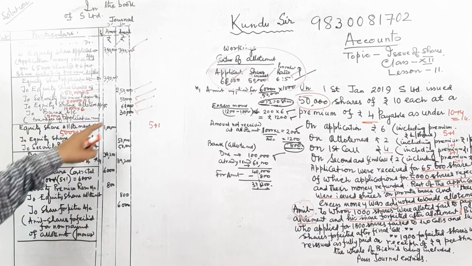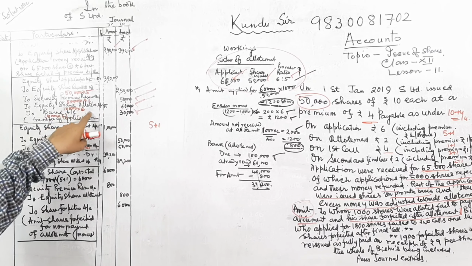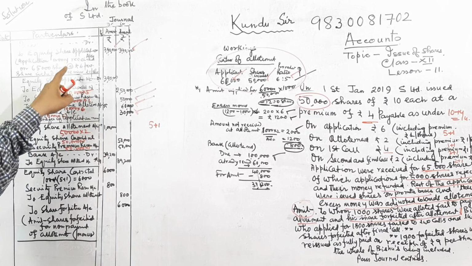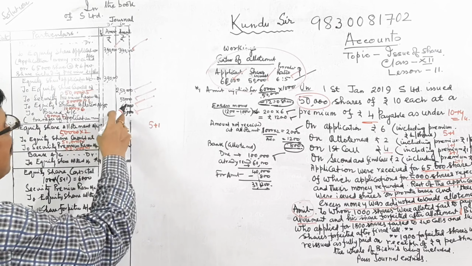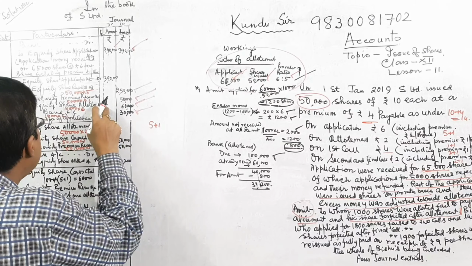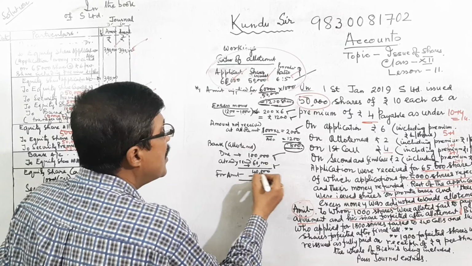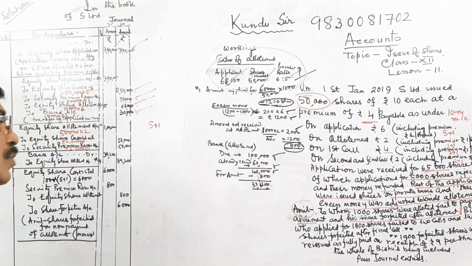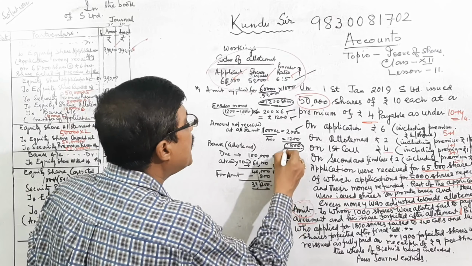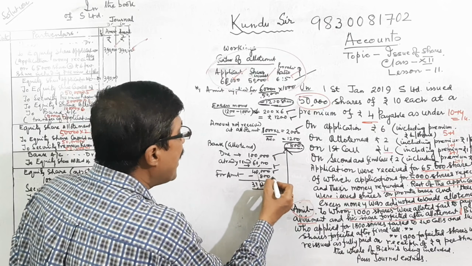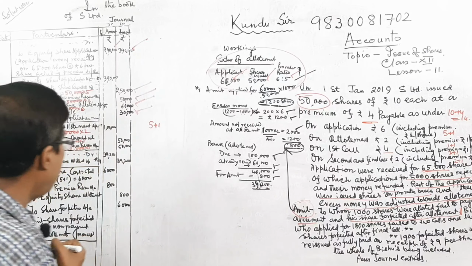We have already credited, under calls in advance or equity share allotment, what was received at the time of application, that is 60,000. That means we have to receive 40,000, but we are not receiving 800 from Mr. Amit, so we are receiving 39,200.